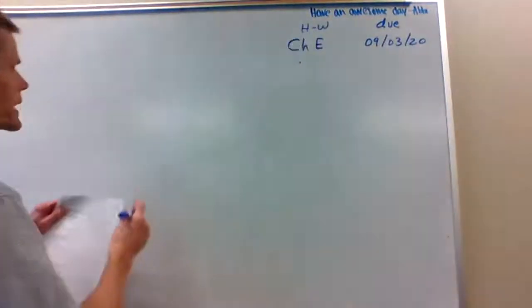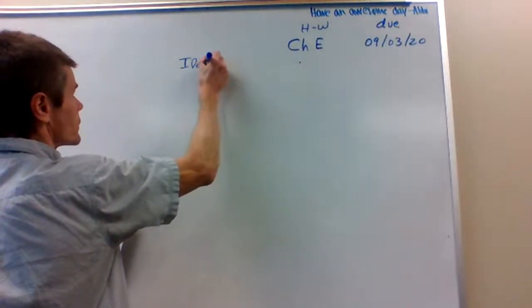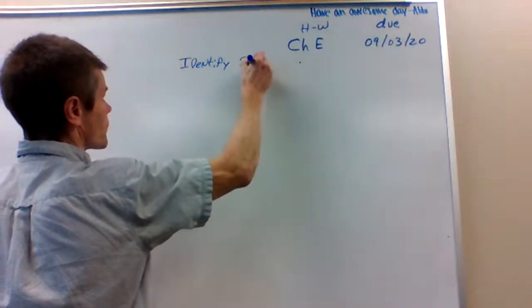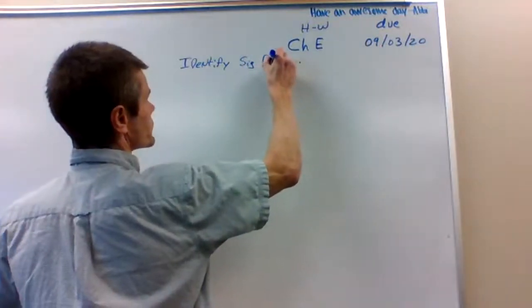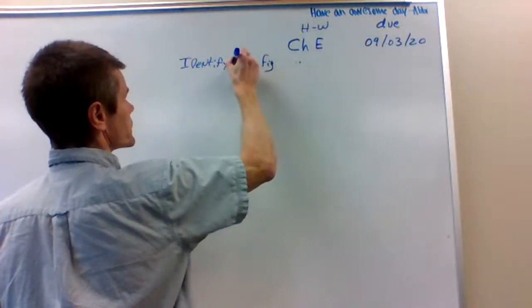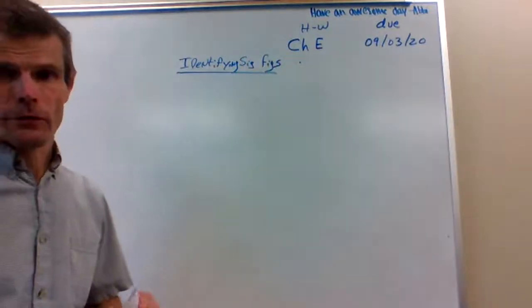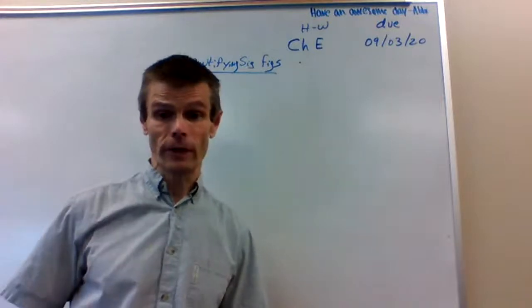So let's identify some significant figures. And I'm going to just use sig-figs. Identifying sig-figs. So we're going to go through some exercises on identifying the number of significant figures in our data.